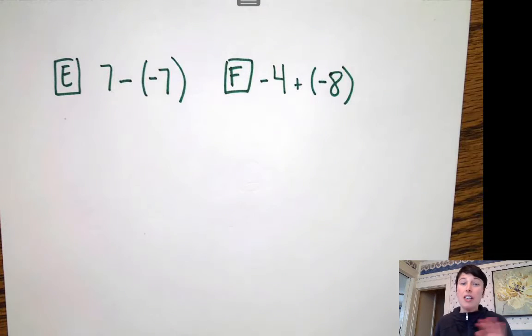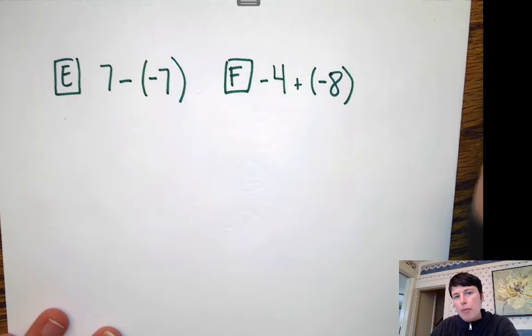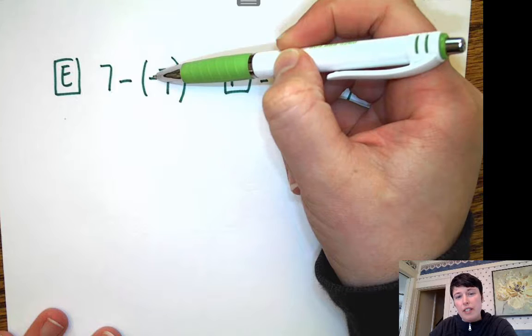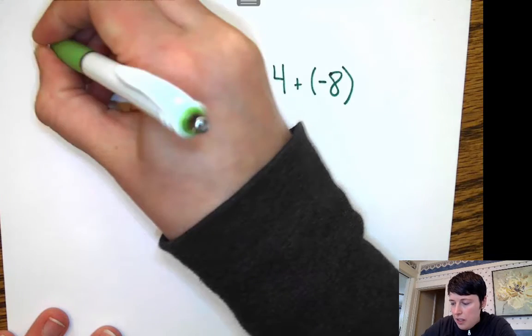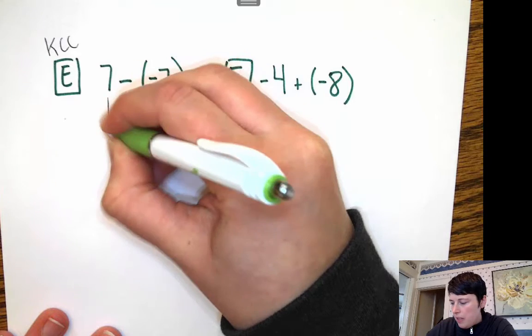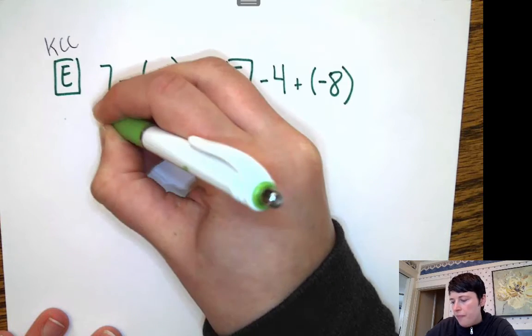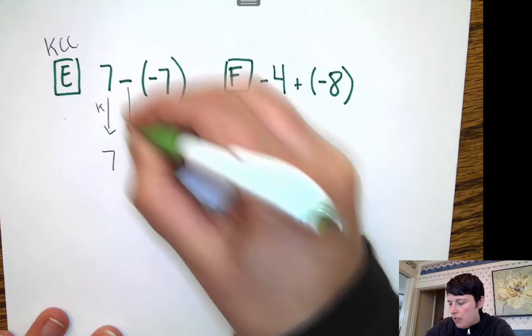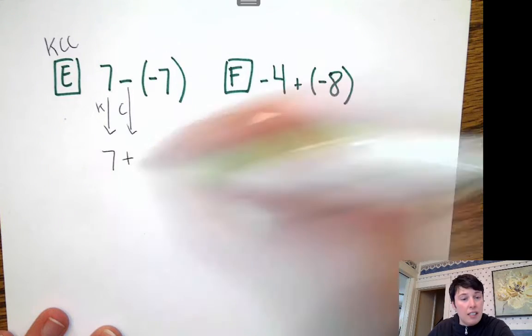Okay, so you're unpausing the video and you're ready to check your answer now. I hope when you looked at problem E that you were like, okay, 7, take away -7. Take away, this is a K.C.C. problem. We need to change it. So we are going to keep the 7, that's the K. We're going to change the subtraction, that's the C. We're going to make it adding instead.